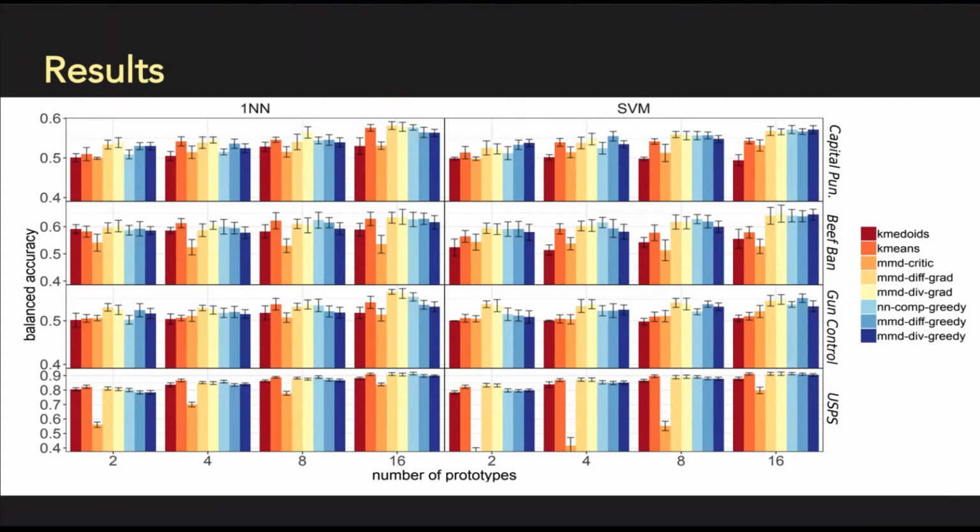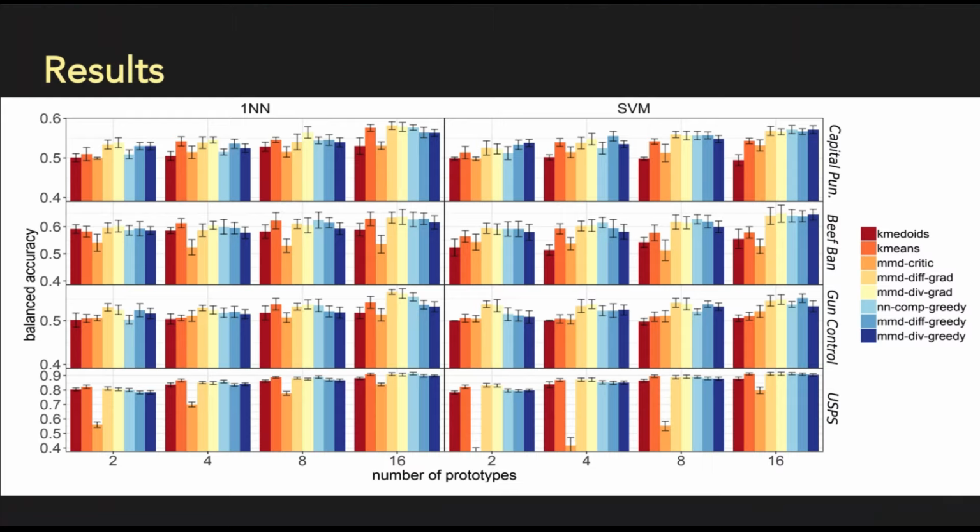The evaluation kind of looks hard to read, but okay, on the left-hand side, we have a one nearest neighbor classifier, which is trained on the prototypes and then tested. And on the right, we have SVMs. On the bottom, we have the number of prototypes used, so 2, 4, 8, and 16.